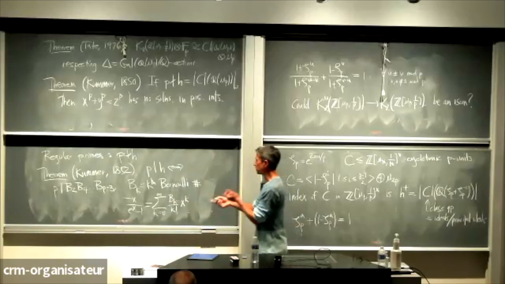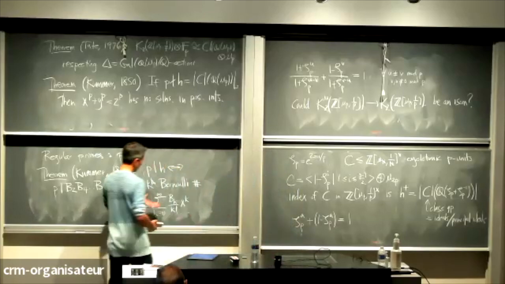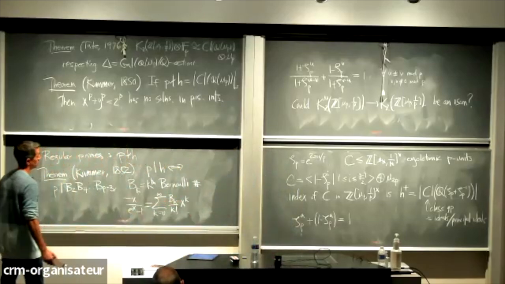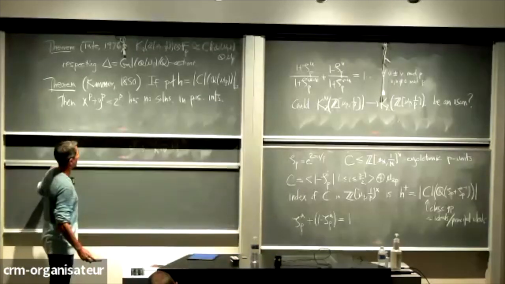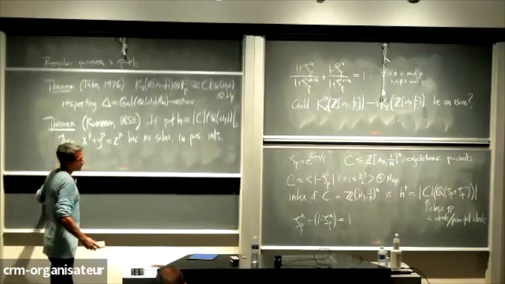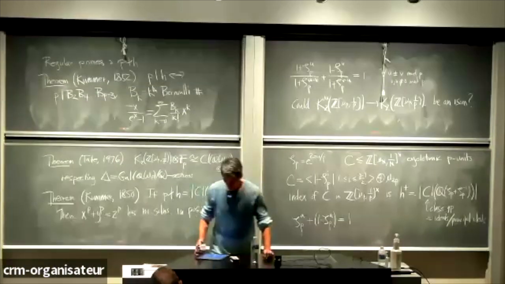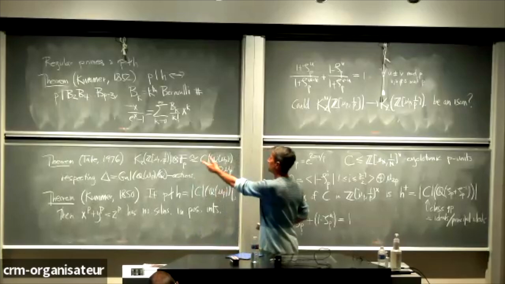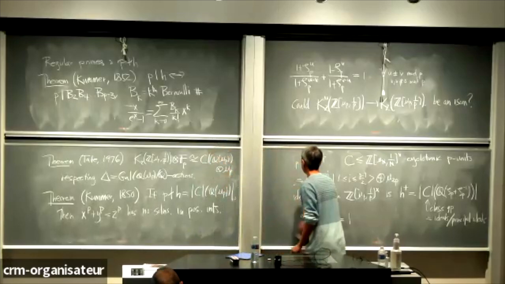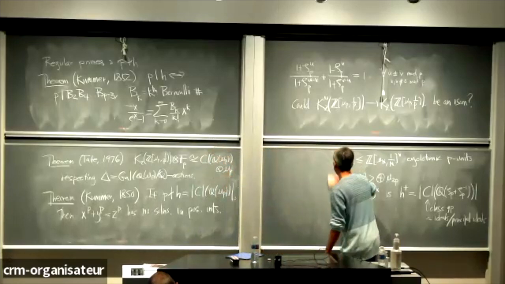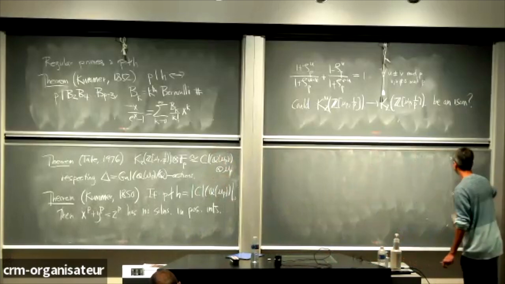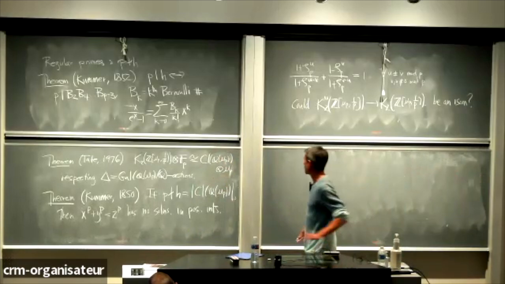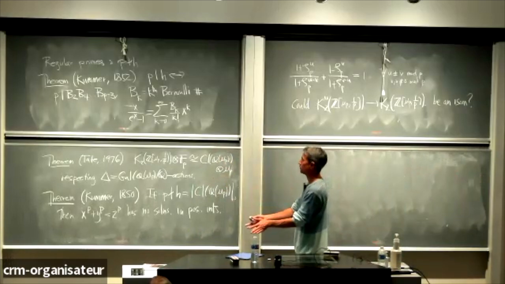It's almost an even function. So other than b1, the Bernoulli numbers for odd k vanish. Okay, so if p divides B_k, we say that (p, k) is an irregular pair. And the smallest irregular pairs: the smallest k is 12, which divides 691.